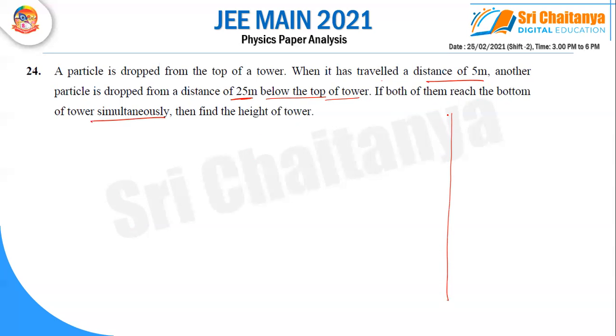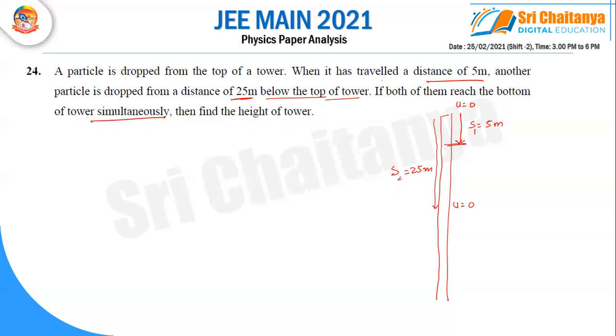Okay, so now u is equal to 0. Now 5 meters. Okay, another particle is 25 meters. So this is S1. Now S2 is equal to 25 meters. Now this is u equal to 0.